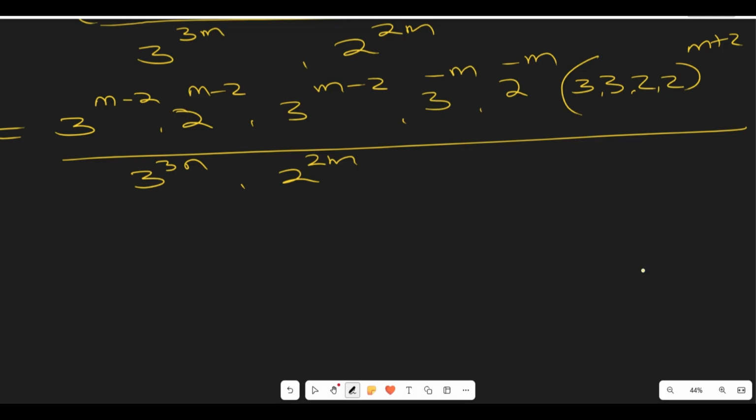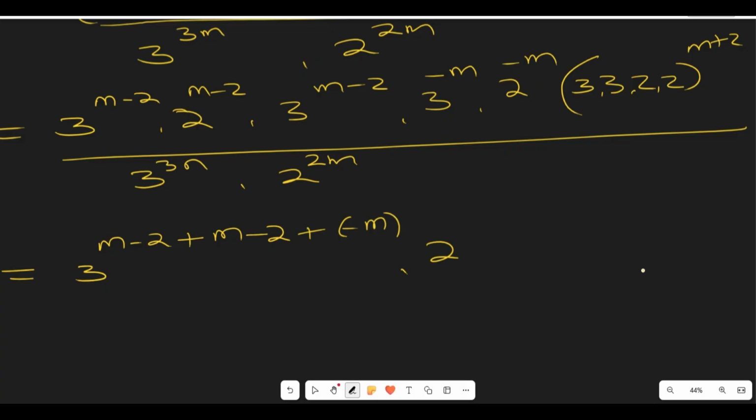How do we do it now? Let us combine the 3's, and then we add the powers. So the 3 is m minus 2. So you add the indices, right? Plus m minus 2. So what is the other 3? 1, 2, 3. And plus negative m, like this.